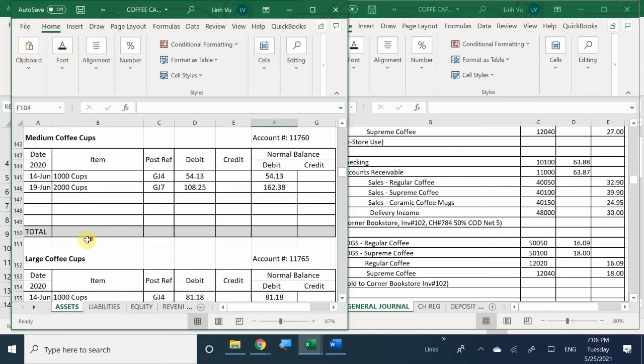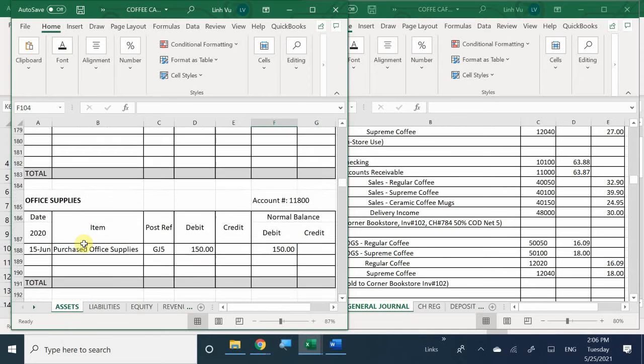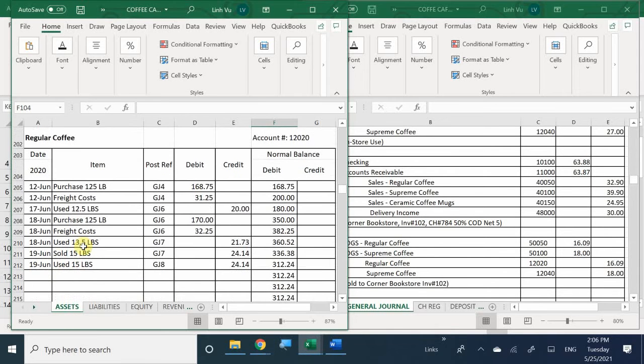So regular coffee, 620. Sold 10 pounds, invoice 102. GJ8. It's a credit of 1609. Running balance 296.15, which we know because that's what it is in our inventory.